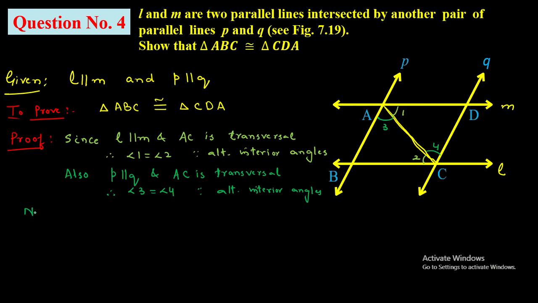Now, if we take these two triangles, ABC and triangle ADC, in triangle ABC and triangle CDA, we got here that angle 3 is equal to angle 4, proved above.